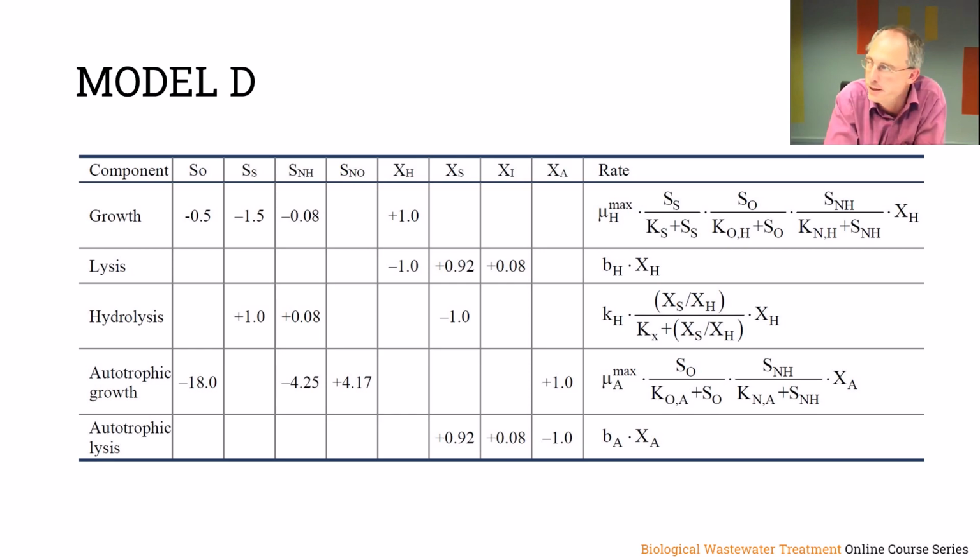And then of course we need the rate equations, which are also in a very analogous way to the heterotrophic growth process, with the saturation terms for ammonia and oxygen in this case. And if you look at it, you will see that the COD balances will close, the nitrogen balances will close, and in this case there's no charge. But if we would have added the charge, it would have also been closing.